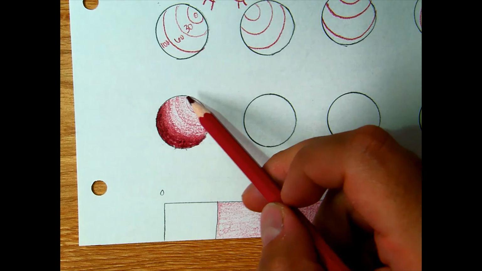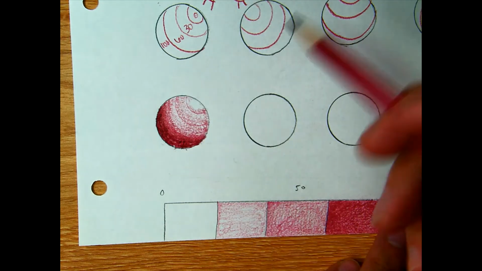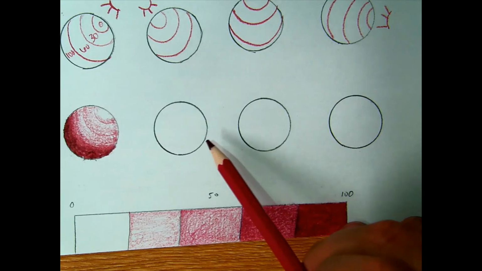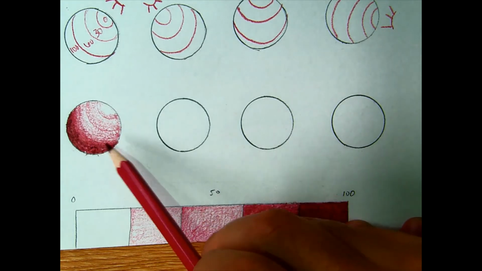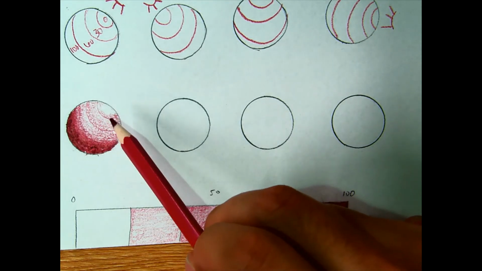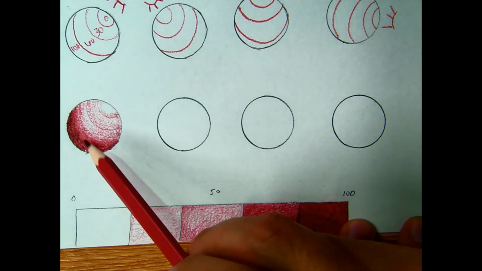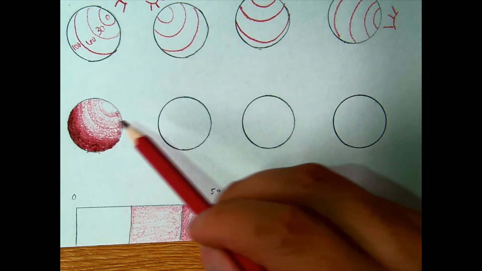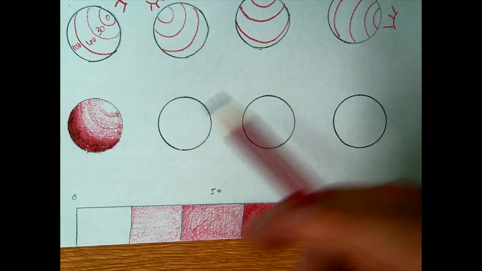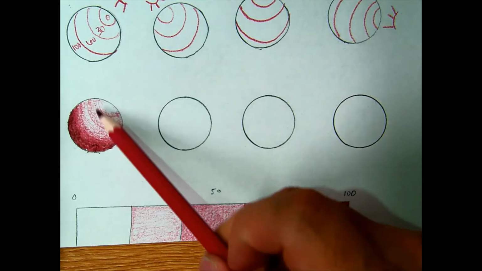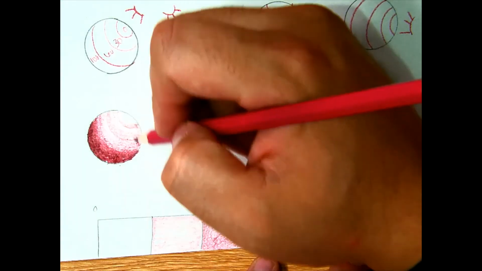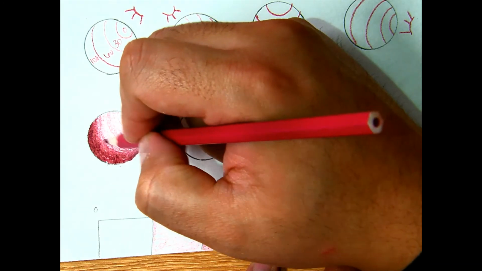Unfortunately, you can still see the reference lines that you made, which of course are there for practice. So for these next 3, I want you to practice doing this without using any reference lines. Your goal is to be able to achieve this sphere perfectly without any reference lines, playing with more highlight or more shadow and tweaking it so it looks like a perfect sphere.